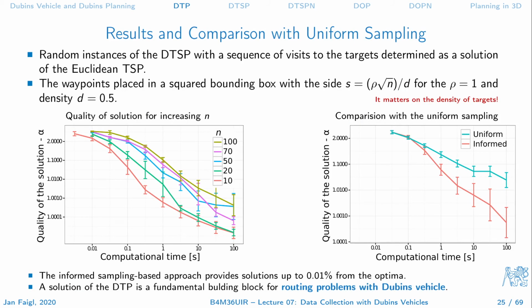And if you take a look at how these approaches scale, the uniform and informed, you can see that the uniform doesn't reach these very close solutions to the optimum. So from a practical point of view, this can be considered as optimum. It's very close to the lower bound, and it is enabled by this informed sampling.